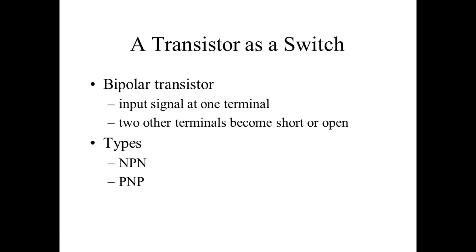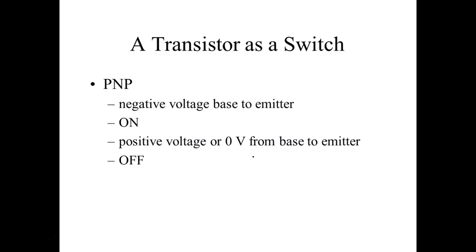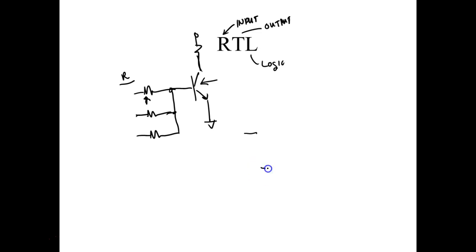And then, of course, we went to this guy right here, right? You understand? So what type of logic do you think this was called? And so this is called DTL.